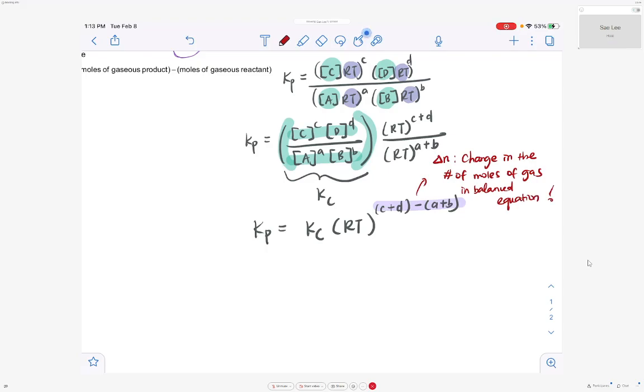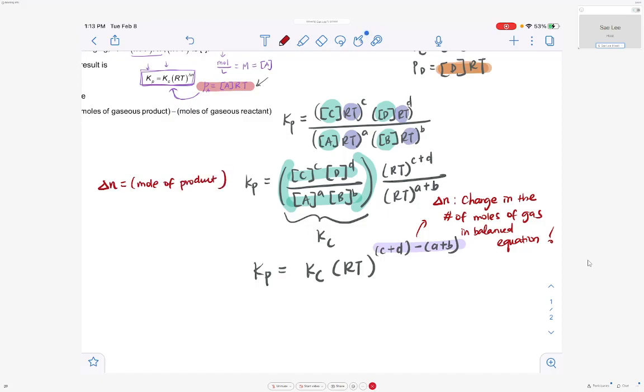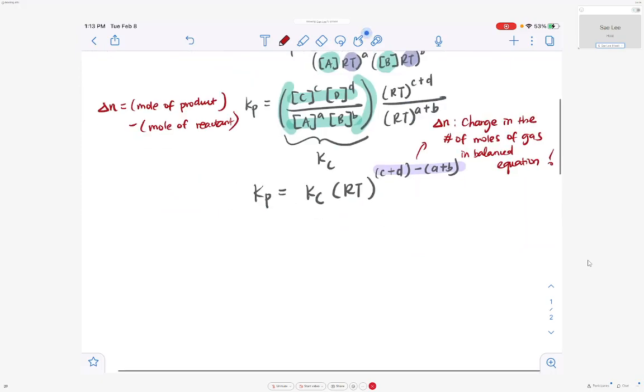In order to calculate delta n, the change in moles, you take the moles of products minus the moles of reactants. That's where you get delta n.